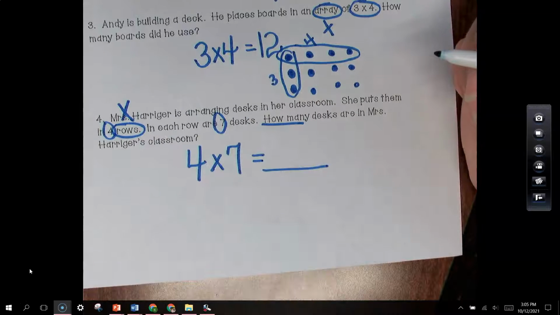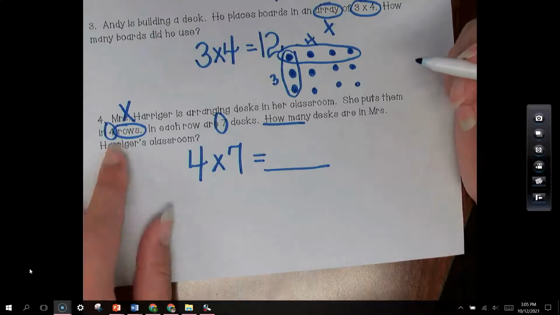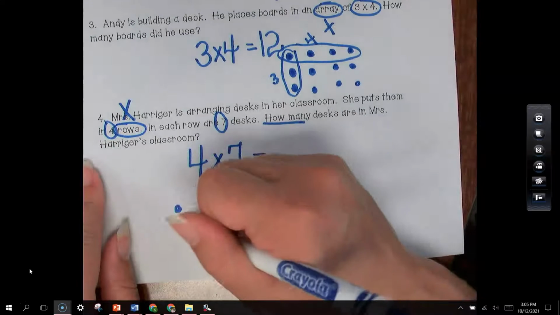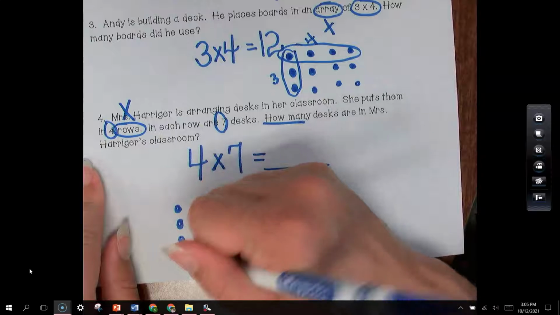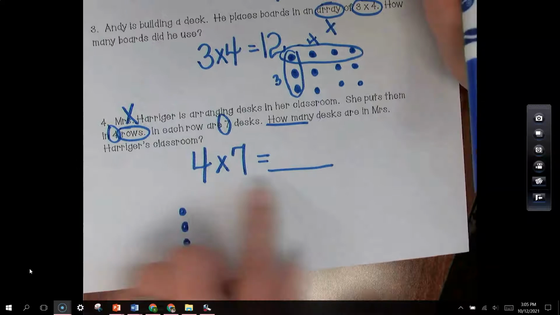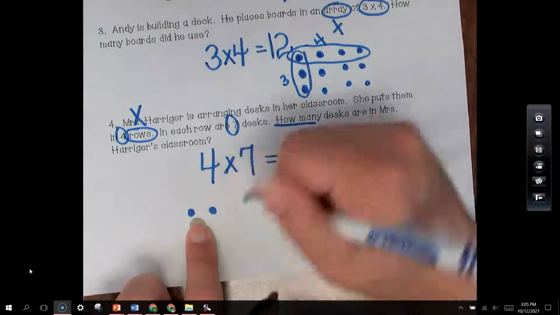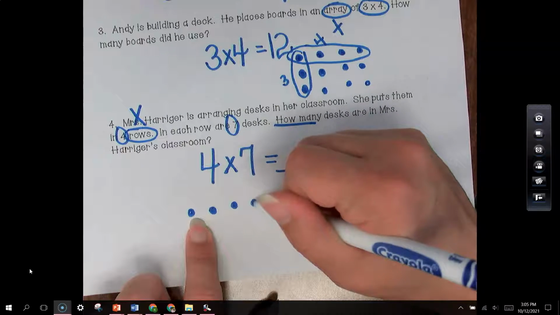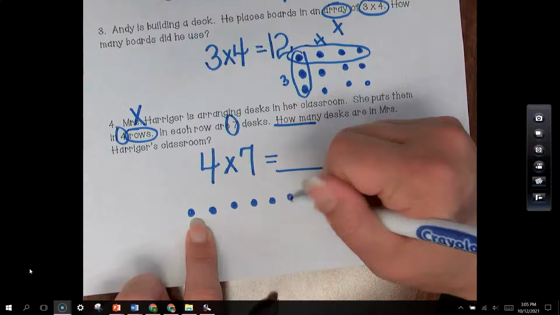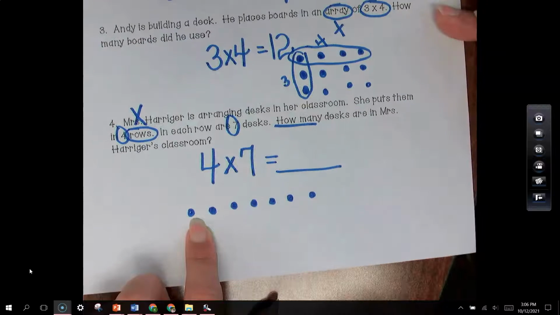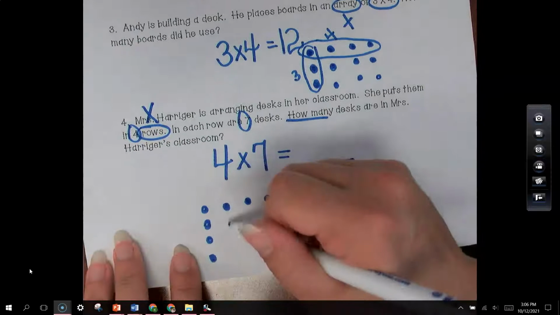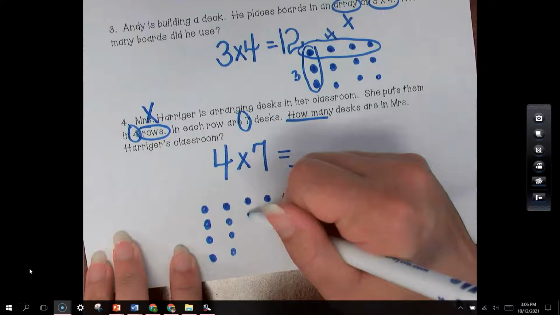If you do not know 4 rows of 7, let's draw it out. 4 rows. That tells me to go down 4. 4 rows of 7. I count this first dot. 1, 2, 3, 4, 5, 6, 7. Then I will put the same amount in every single row.